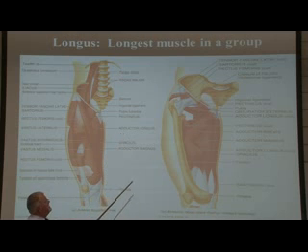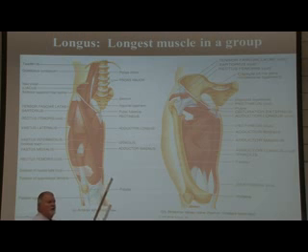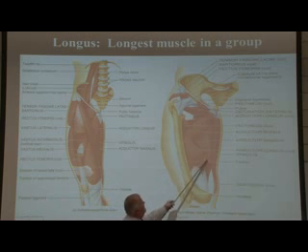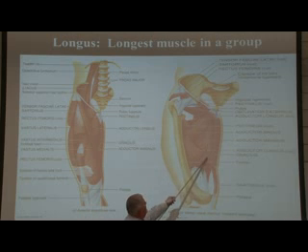And then we're going to use size characteristics in the muscle. So we're going to have one muscle that's really large, one muscle that is long, and one muscle that is short. So we'll end up with the large muscle being the adductor magnus, which is a deep muscle and a very large muscle in the thigh. So this is all the adductor magnus that we're seeing here and then up there.